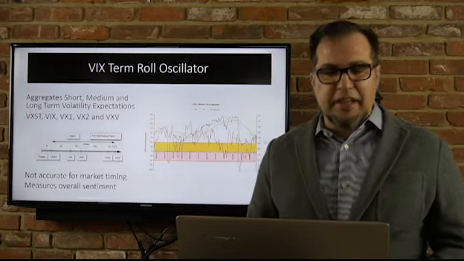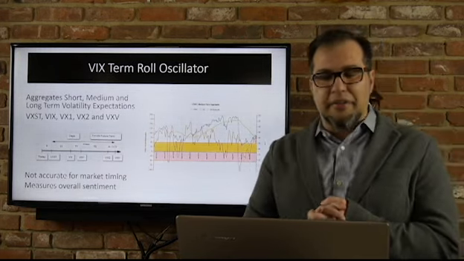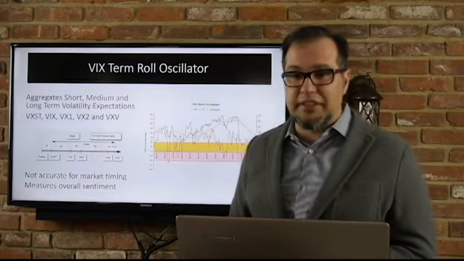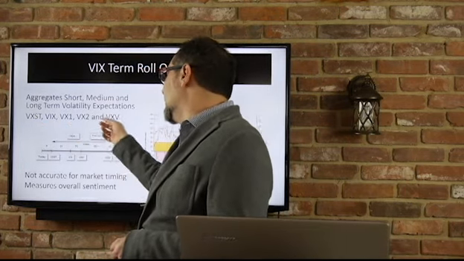The next indicator is the VIX term row indicator. The VIX term row indicator aggregates short, medium, and long-term volatility expectations. It takes information from the VX60, the VIX, the VX1, the VX2, and the VXV.